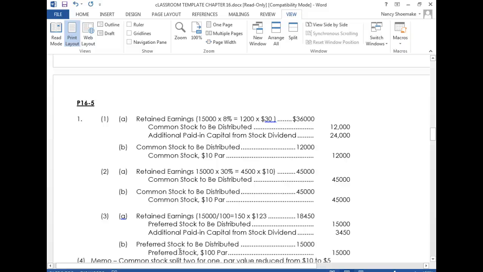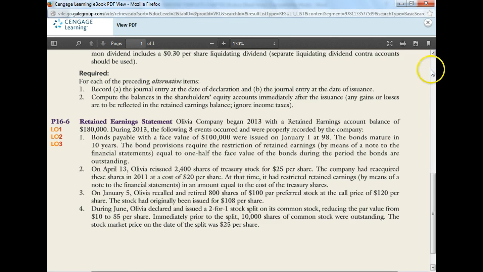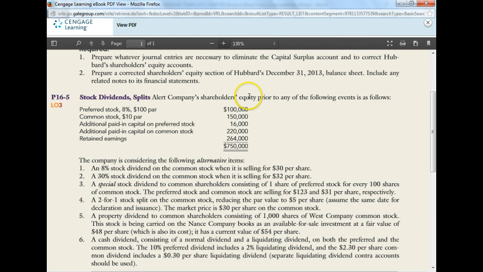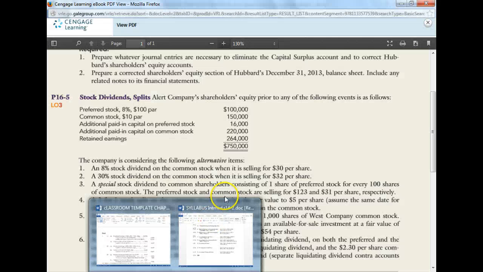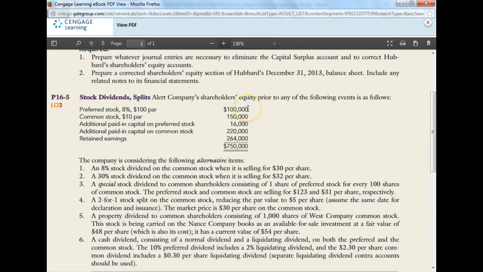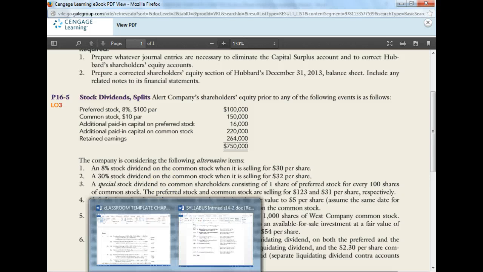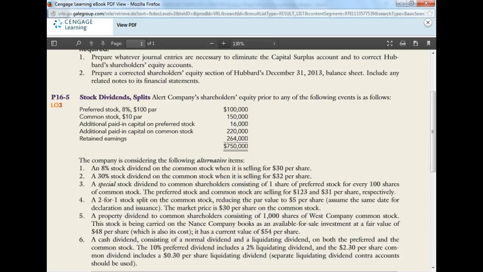Okay, with number 1, what did we start the stock with? If we look at this problem up here, how much did we start with? 100,000, didn't we? And the common stock was how much? 150. So the question is, how much did we end up with after the issuance?